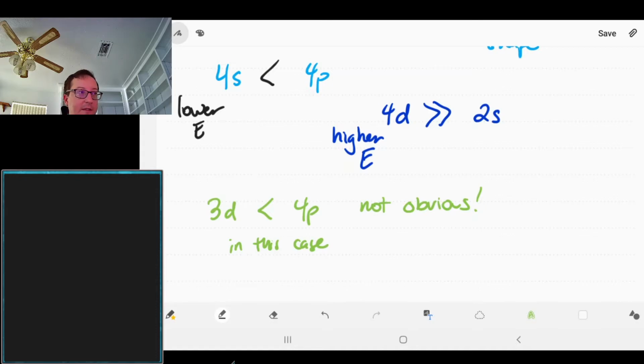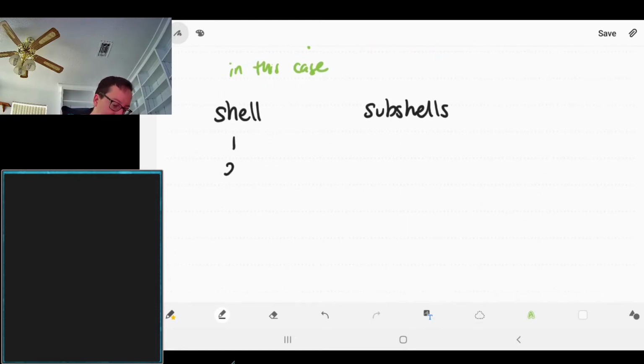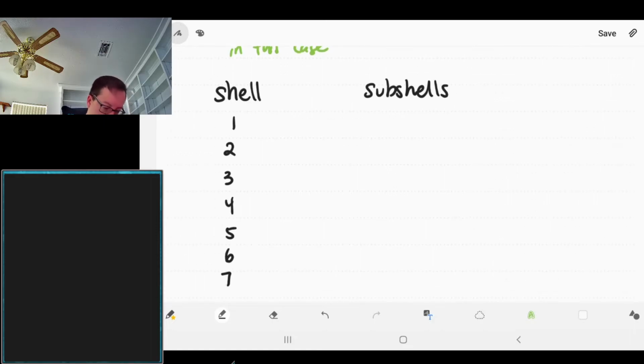So, let's go ahead and do our last little bit here. We're going to see that there are 7 total shells. And each of them is going to be made up of certain subshells. And thankfully there's a nice pattern here. We're going to see that the first shell only has the S subshell.